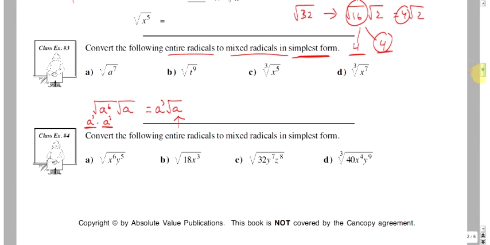How many more of these do I want to do? Let me just do this one. Cube root. All right. What times what times what? I need to find a perfect cube in there. What do I want to split up x to the 5th into so I can take the cube root of it?